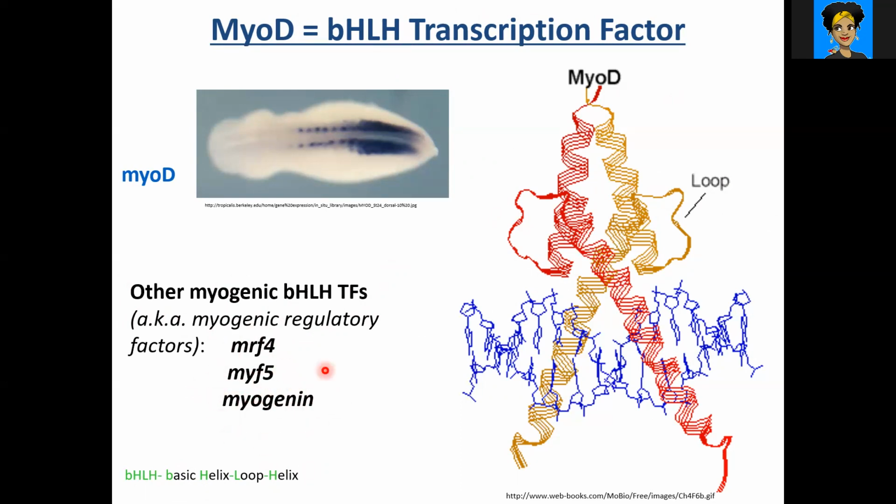And so these are all under the category of myogenic bHLH transcription factors. So you have MyoD, and then these other transcription factors that are all very similar and all necessary to get you a muscle cell.